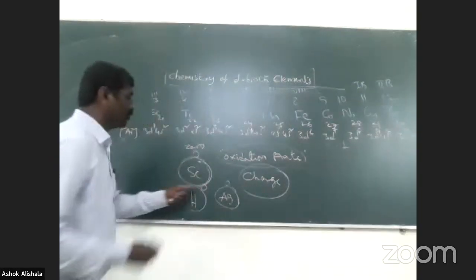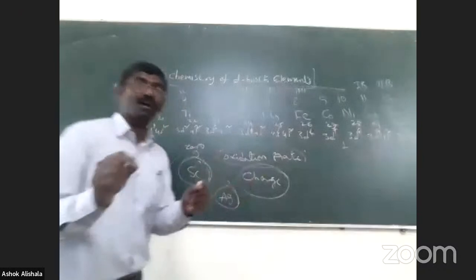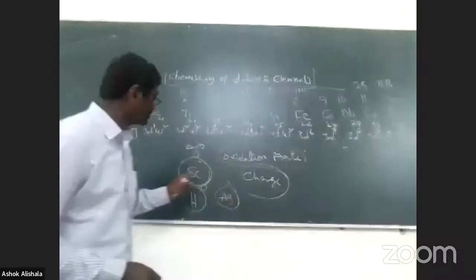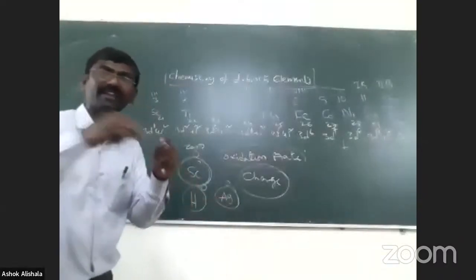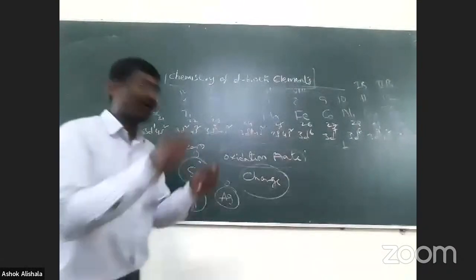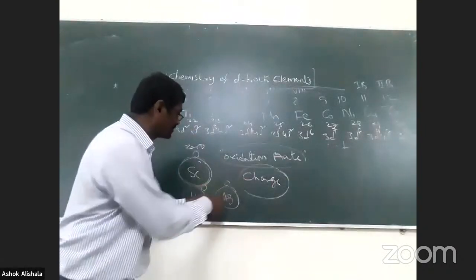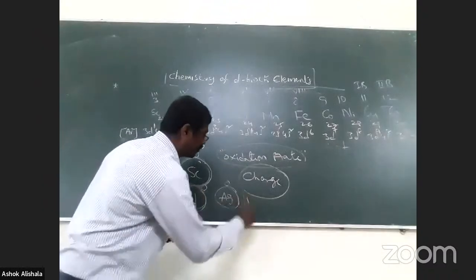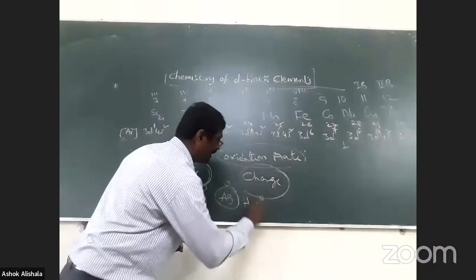Okay, so oxidation state means what? It is the charge appearing on an atom. For example, a scandium atom, hydrogen atom, silver atom, gold atom, any atom, its charge in the atomic state is zero. Hydrogen's atomic number is one, one proton and one electron.